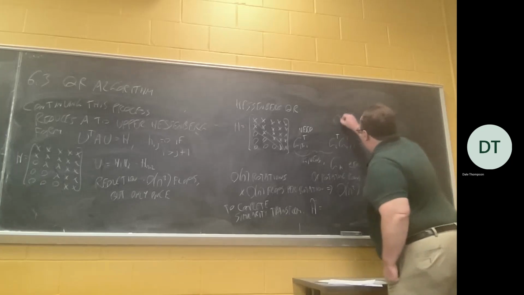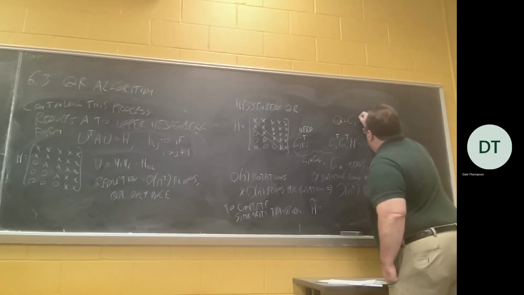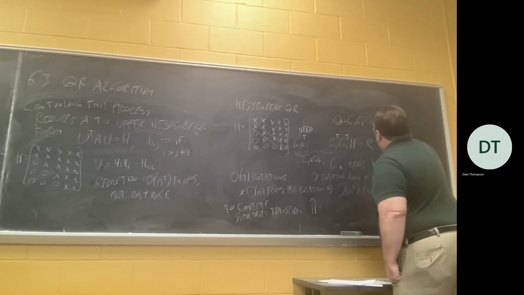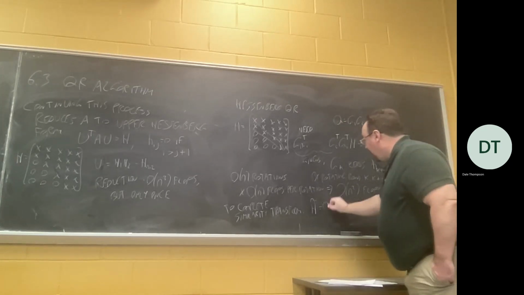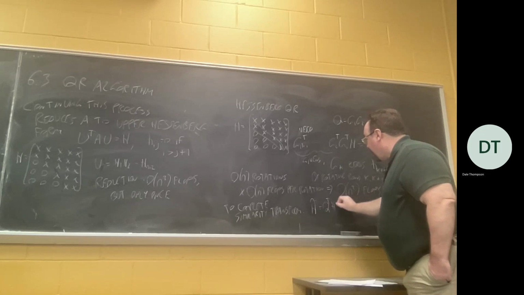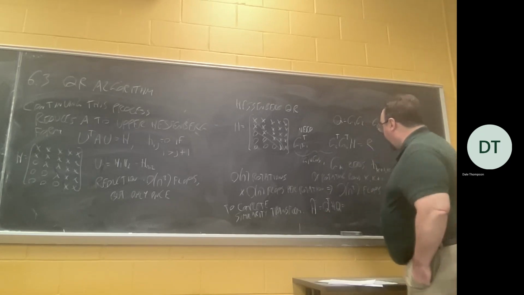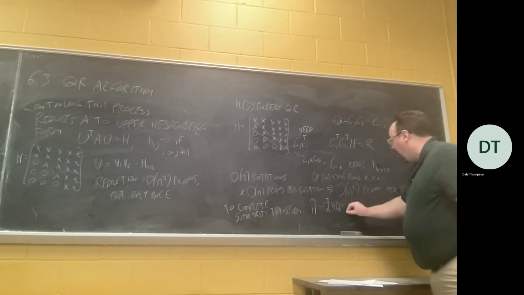If I let Q be equal to a product of these Givens rotations in that order, so H tilde is Q transpose HQ. All right, but Q transpose H is equal to R, so it really is RQ.